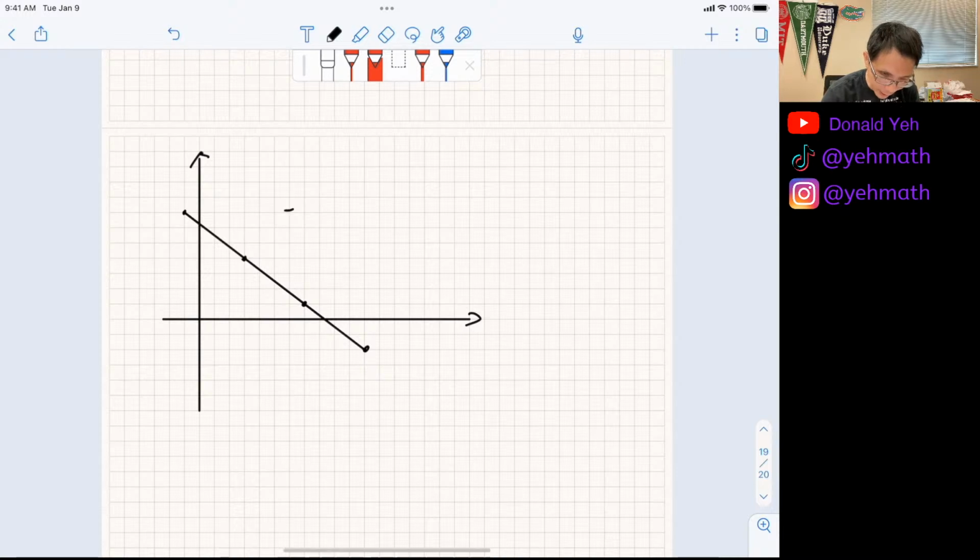Okay, so we're gonna say this is f of x. And let's say g of x is square root of f of x plus 5.